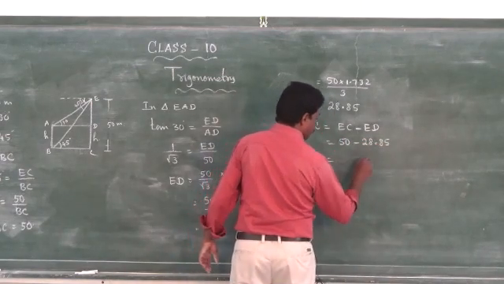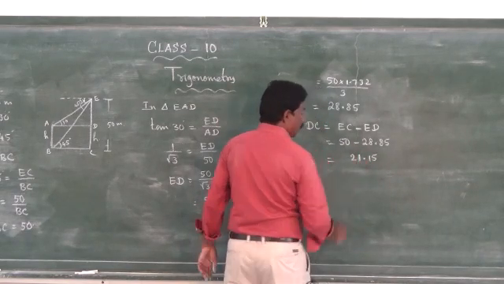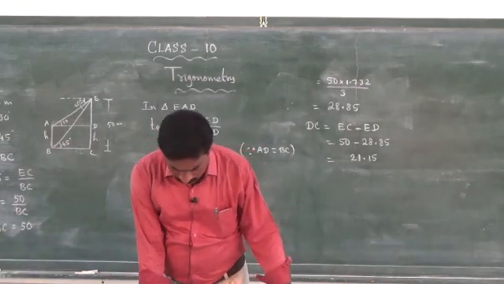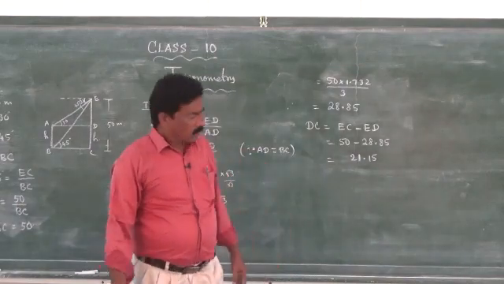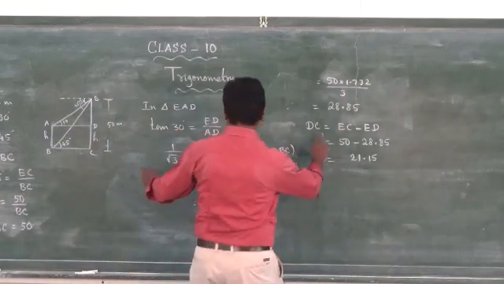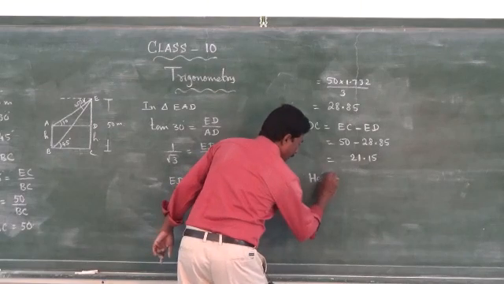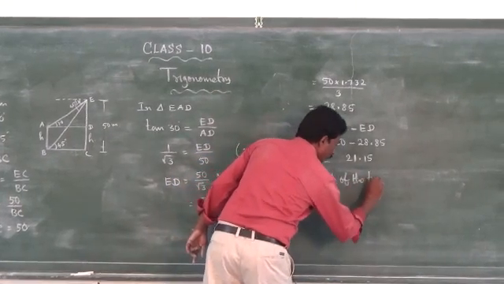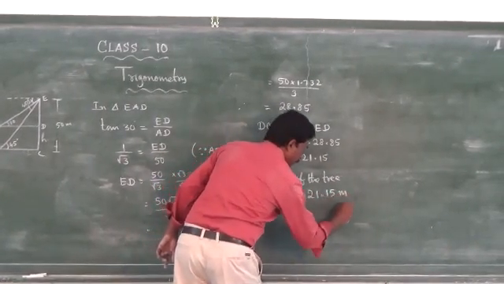So when you subtract, you will get 21.15 meter. So that is the height of DC, and AB and DC are equal. Therefore, the height of the tree is equal to 21.15 meter.